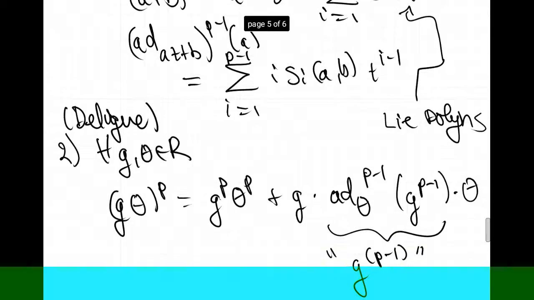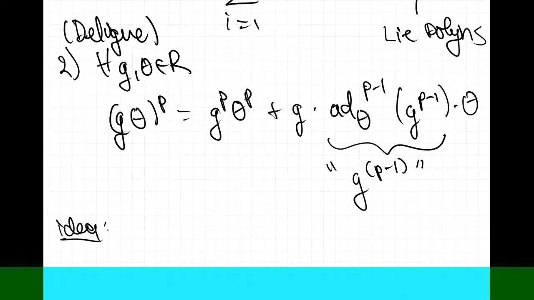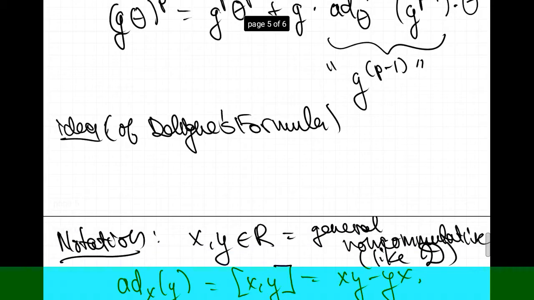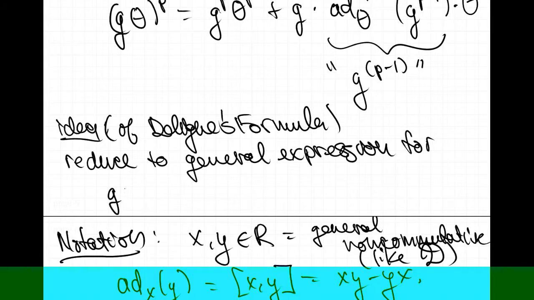For Deligne's formula, the idea is that you reduce to a general expression; you're kind of just going to compute something stronger for (g theta) to the n.